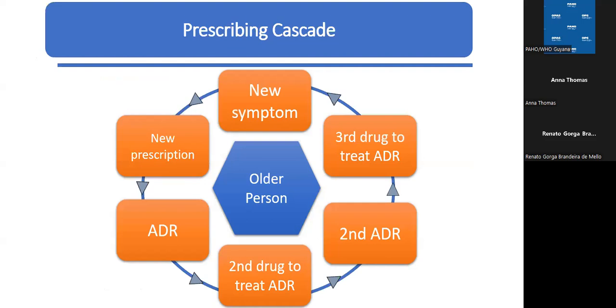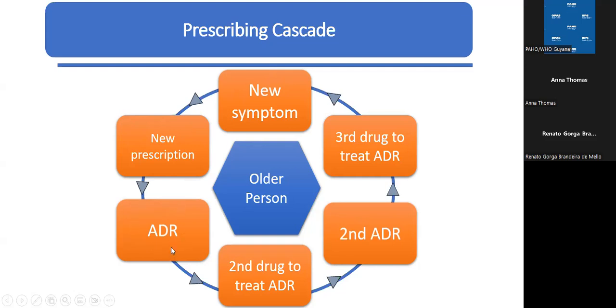Now I'll show you a practical example of what a prescribing cascade is. Here we have an older person experiencing a new symptom. And with this new symptom comes a new prescription. This new prescription imposed an adverse drug reaction.